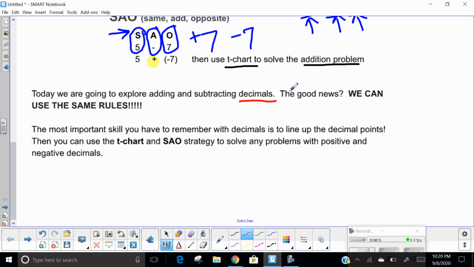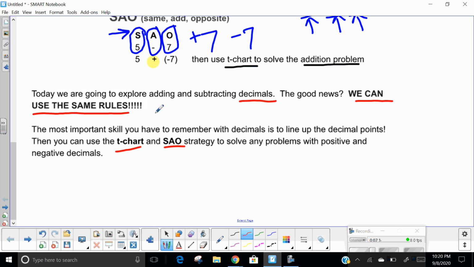Now, the great news here is we get to use the same rules. When we learned how to add and subtract positive and negative integers last week, we used the T-chart, and then we used our SAO strategy for subtraction.